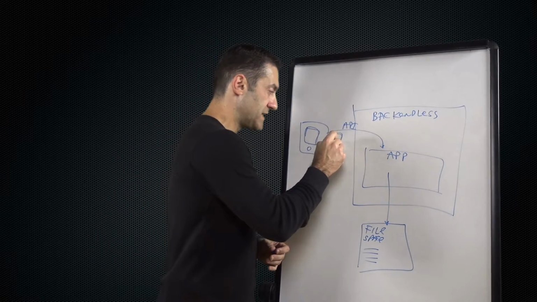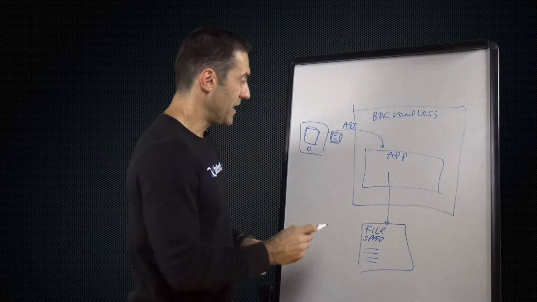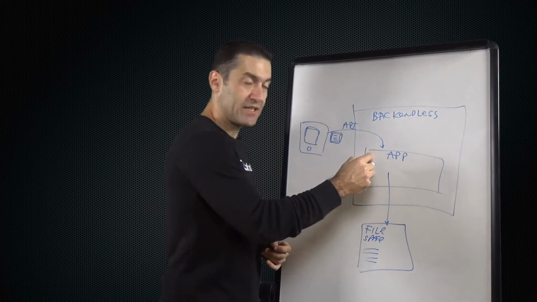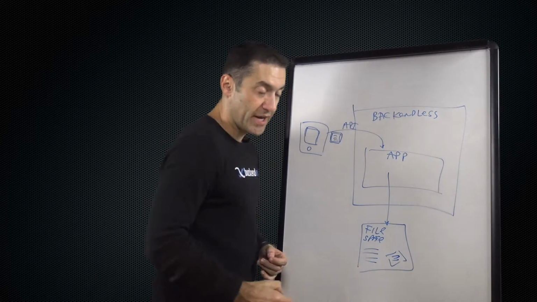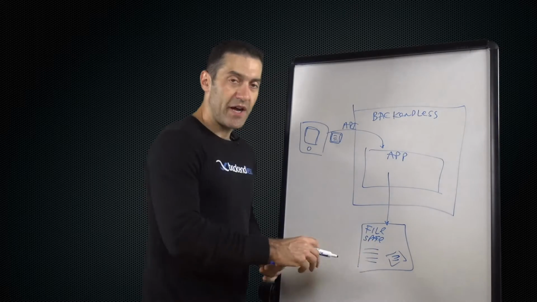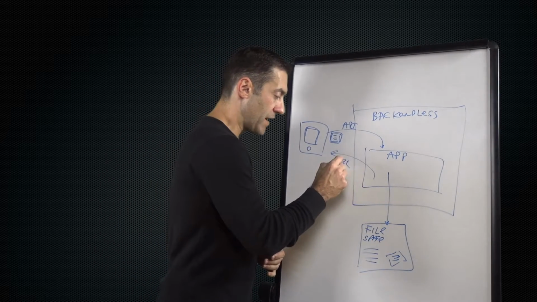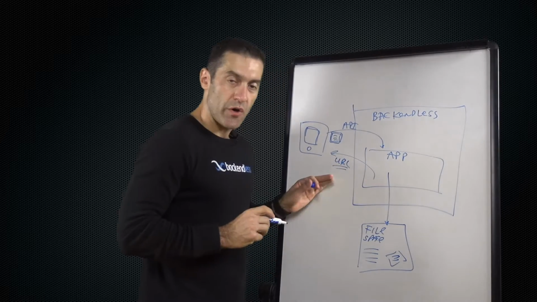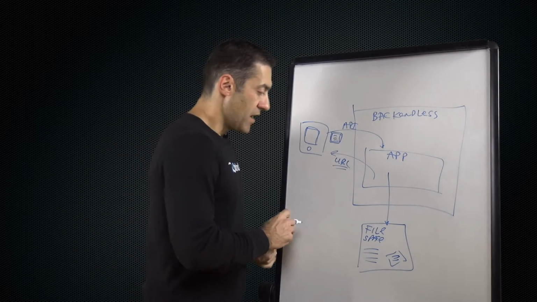So you can basically take that buffer or set of bytes, and using the API, send it to the backend, where a file right here will be created in the backend. And then for that file, you immediately get a URL. So that URL is returned back to your application. And using that URL, you can actually fetch this file back into the application.